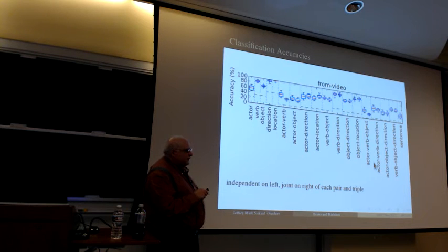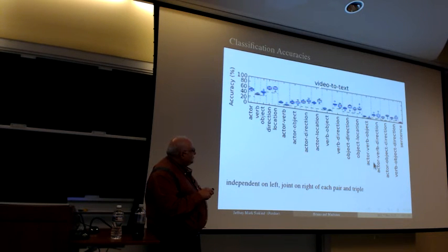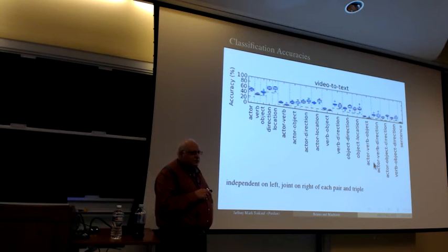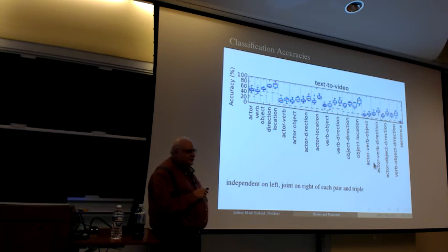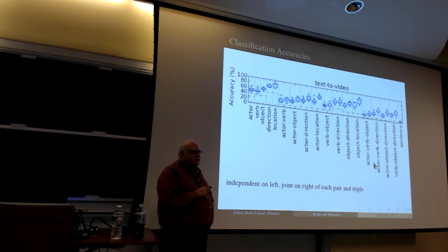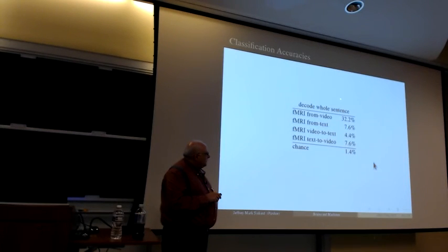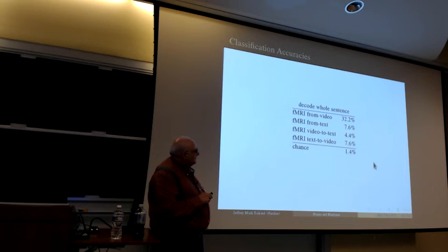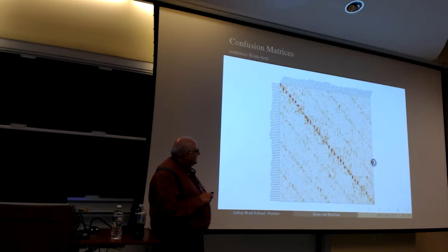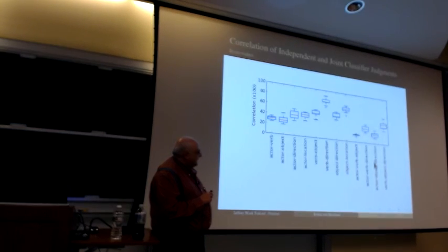We can do this just on the video stimuli, just on the text stimuli, trained on video, test cross-modally on text, and vice versa. Again, across the board, statistically massively significant results, way, way above chance. We can read out an entire sentence way, way above chance. And again, the confusion matrices are very diagonal.